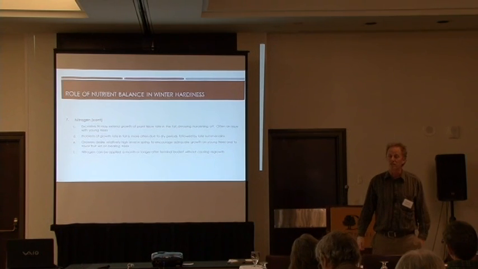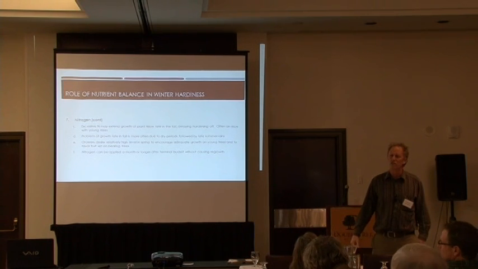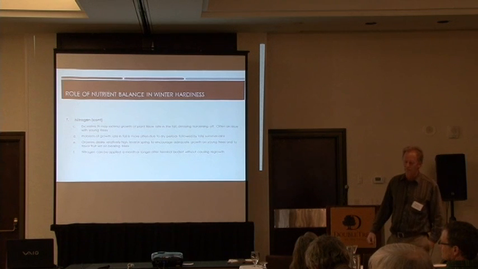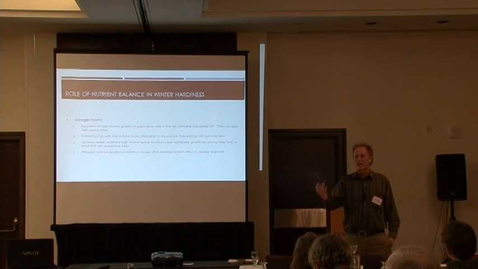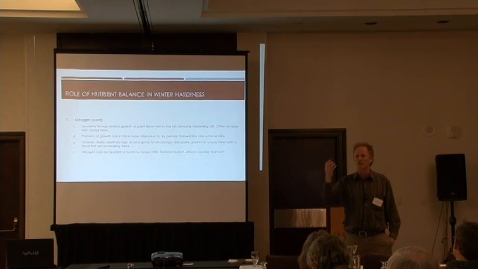In some parts of the country, a September soil nitrogen application has become standard. So what's the benefit? That's sort of counter to what I've learned. The benefit is that when the tree starts growing in the spring, the nitrogen is in the trunk at that point. A lot of the nitrogen is absorbed in the fall, so when the tree starts growing in the spring, the nitrogen's right there, giving it more strength.